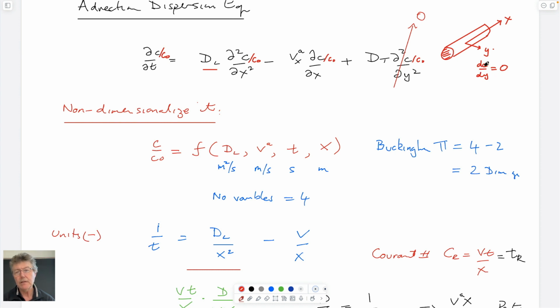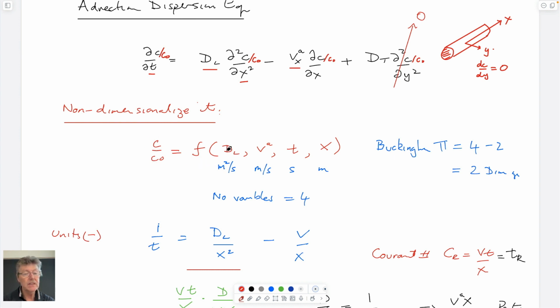And so the concentration as you go laterally is 0, so we get rid of that term. And we can look at the terms that control it. One is the longitudinal dispersion, one is x, one is the velocity in x, and one is time. So those are the 4 parameters that describe what we're doing as a function of this other dimensionless parameter.